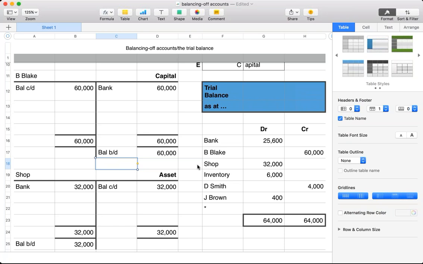We've carried the balances down, and now we've drawn up a trial balance from it. And although it is very, very simplistic, the TB that we've just drawn up, hopefully it will help you when you're trying to learn how the trial balance works. So at its most simplistic format, I almost guarantee in real life you'll never see a trial balance as simple as that, but I'm trying to make it as simple as I can so that I can get the point across on how it's done.